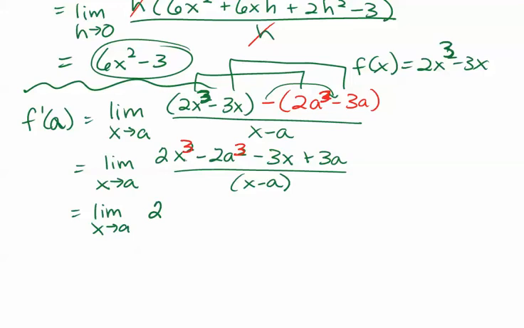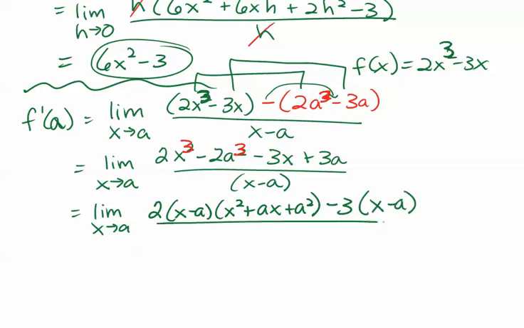2 is the GCF, and then the x cubed minus a cubed factors into binomial and trinomial. And our next two terms, we can factor -3 as the GCF, so that we will also have an x minus a factor.